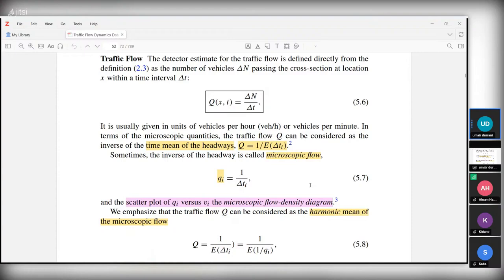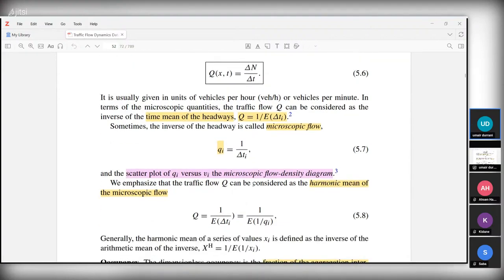The aggregated data that it sends is traffic flow, and it also shows us that there's a correlation between what is called microscopic flow and the traffic flow. The microscopic flow is defined as the reciprocal of the time gap, delta t_i, or I should say the time headway.